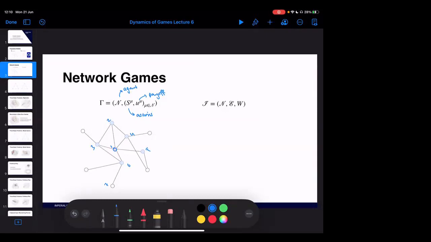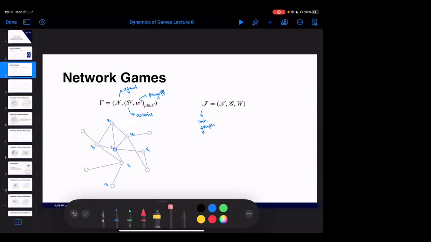Now, to formalize this, we've got to impose this network, this underlying graph that depicts how everyone communicates with one another. To do that, we have what's called an interaction graph. Most of you, I'm sure, will have looked at graph theory before in the context of Bayesian reasoning or discrete algorithms or something like that.